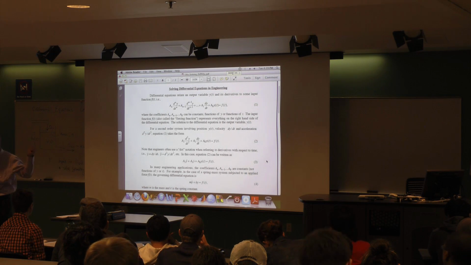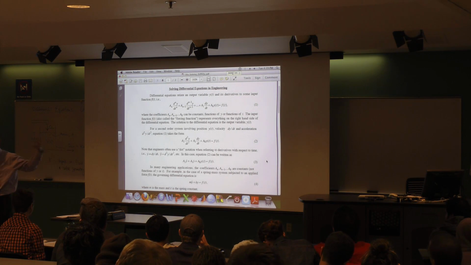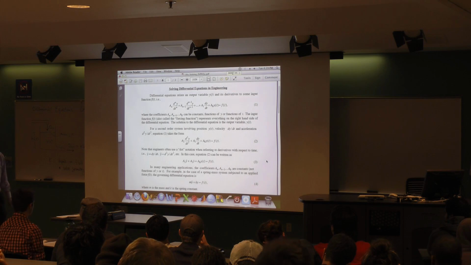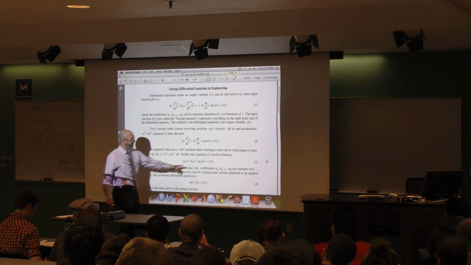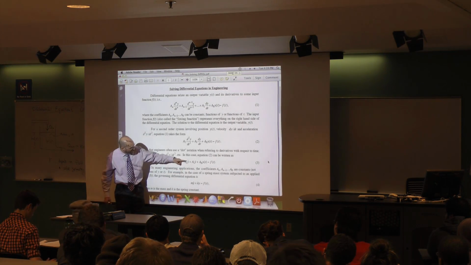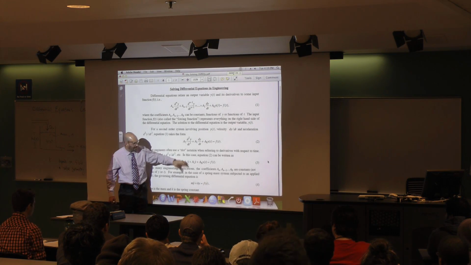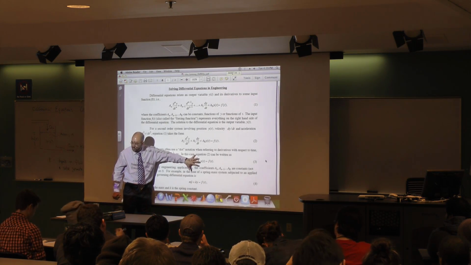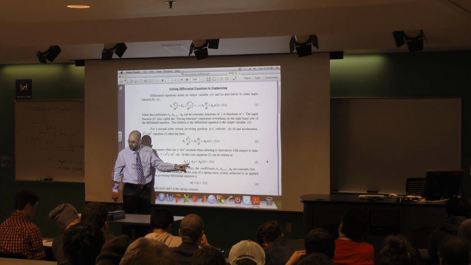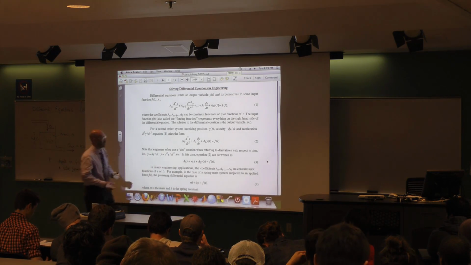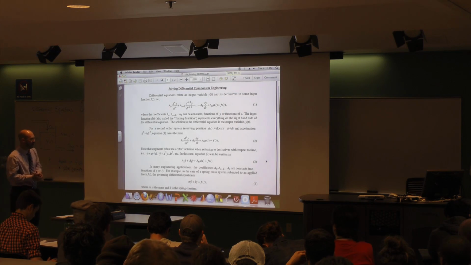Dots are pretty universally used for time derivatives. So y dot means dy dt. Y double dot means the second derivative. In engineering books, classrooms, even in math departments, you'll see the dot notation used. Pretty much standard. We do it just to simplify life.